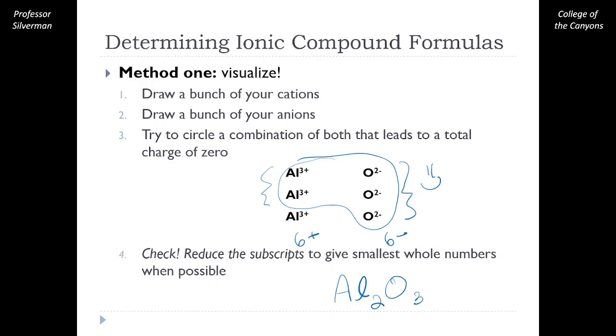We know what the charges are, and so we don't have to write it. Step number 4 on this list is double check your subscripts here. Is there a common factor? Can you scale this recipe down to be more simple? For this problem, the answer is no, and so we're all set. This is all good.